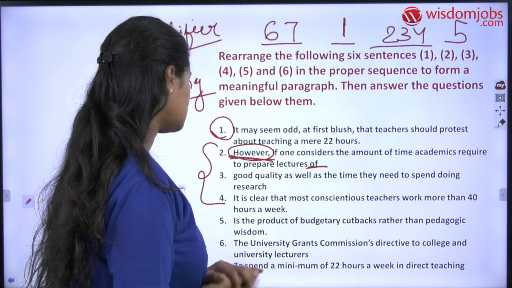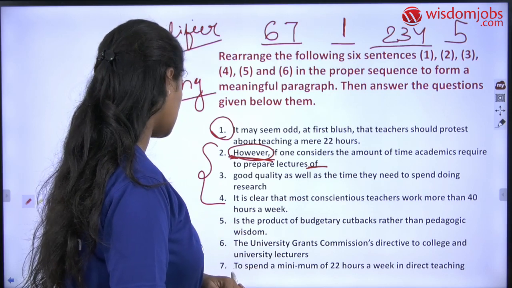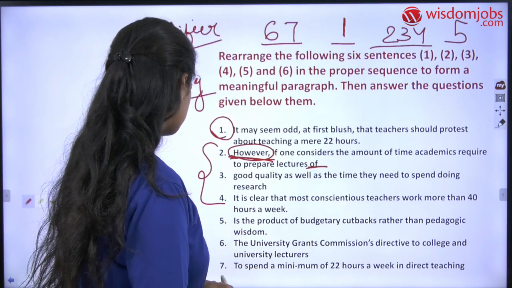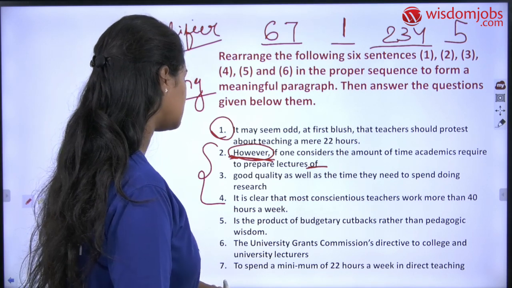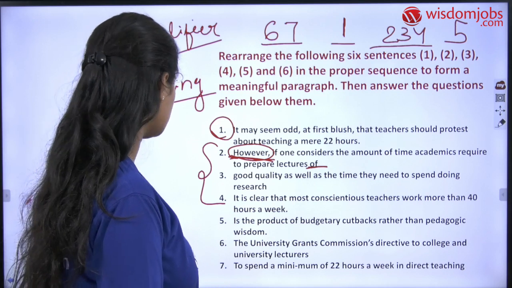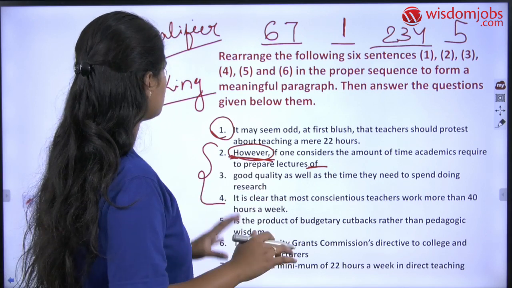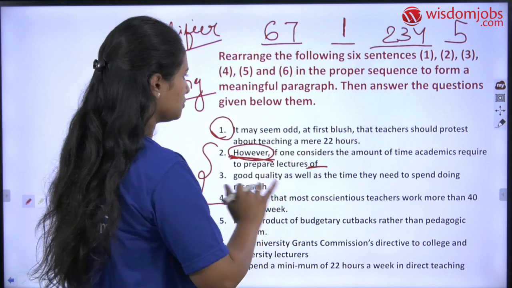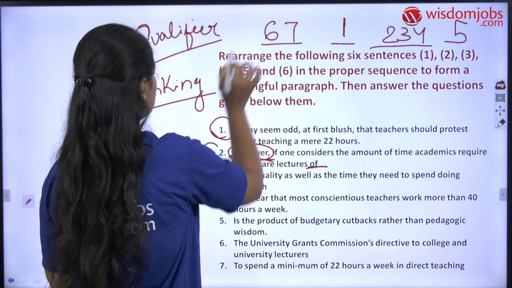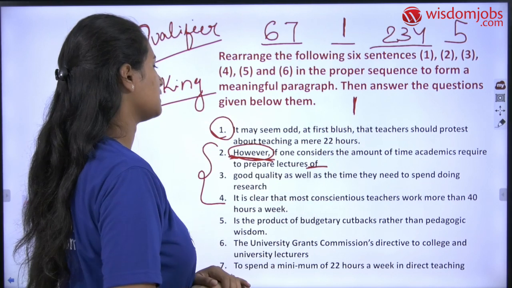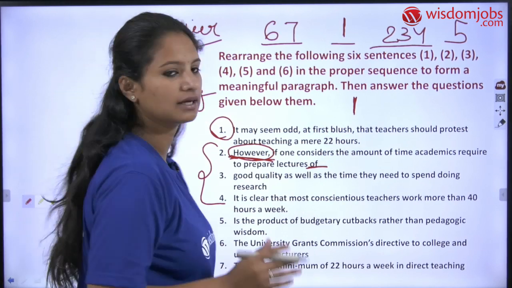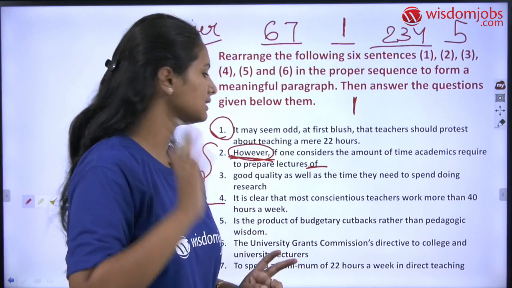The University Grants Commission directive to college and university lecturers to spend a minimum of 22 hours a week in direct teaching is the product of budgetary cutbacks rather than pedagogic wisdom. So now, according to all these things, 1 is the first sentence. 1 comes first. It may seem odd at first blush that teachers should protest about teaching a mere 22 hours. That is your beginning sentence.